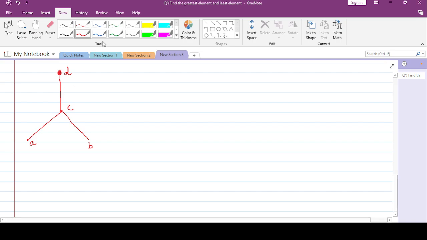Because A has a relationship with D. A is connected with D. Similarly B is also connected with D. Similarly this C is also in connection with D. Okay, so here the greatest element is D.